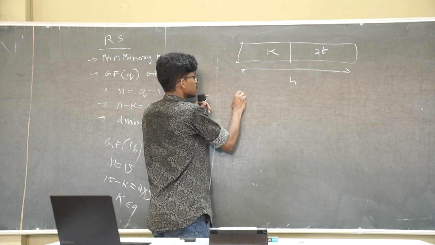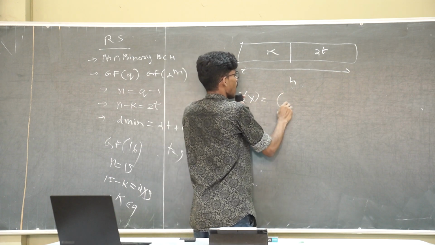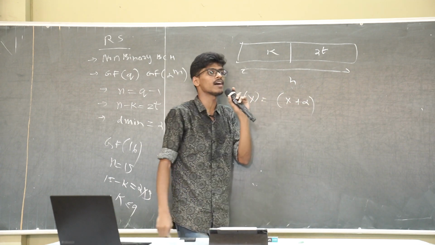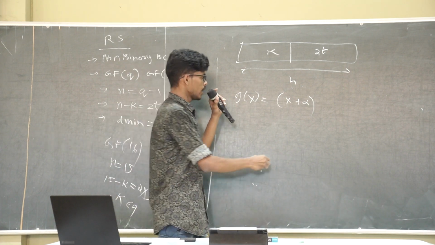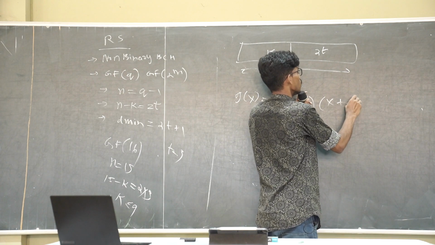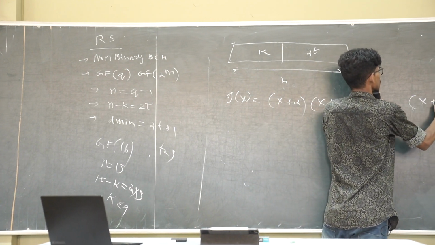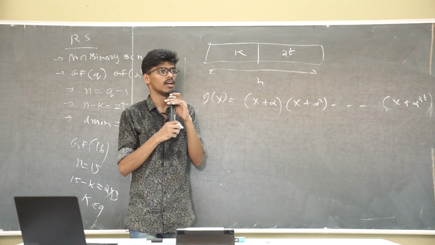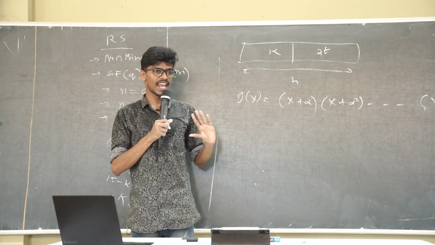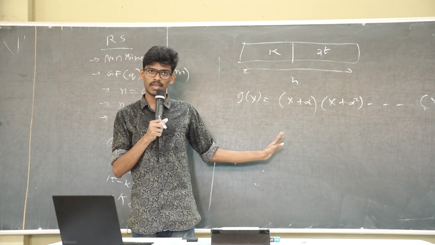And here the g(x) is nothing but (x plus alpha) into up to (x plus alpha^2t). What is alpha? Primitive element of a Galois field. Here no reduction is there, no LCM, nothing is there, just you multiply.